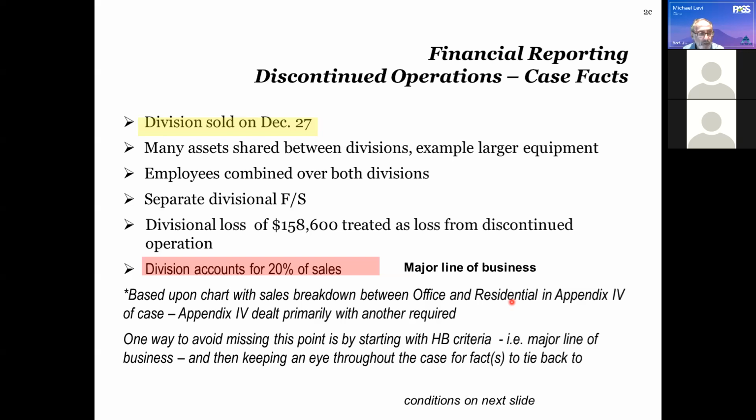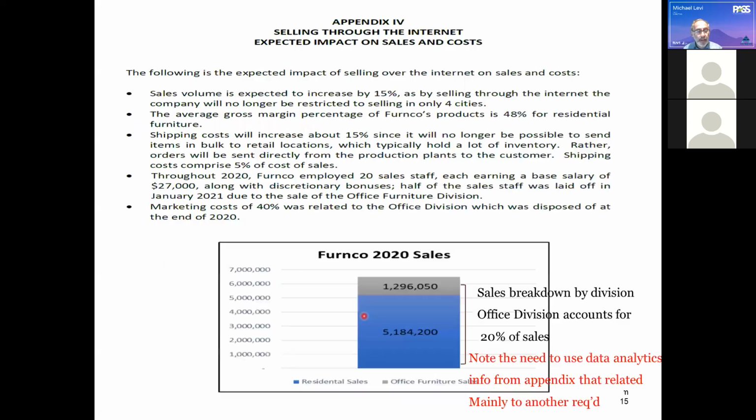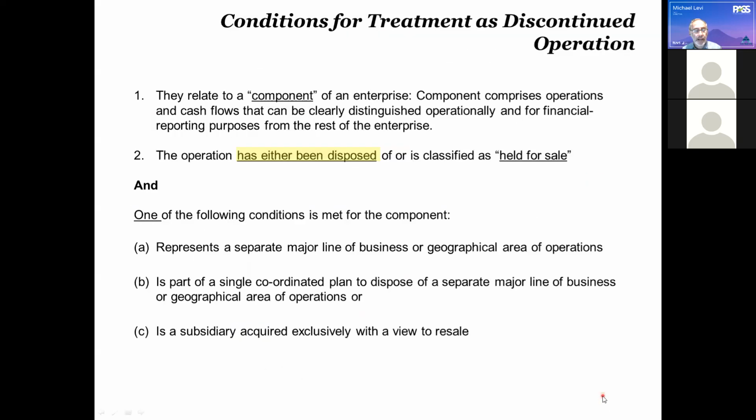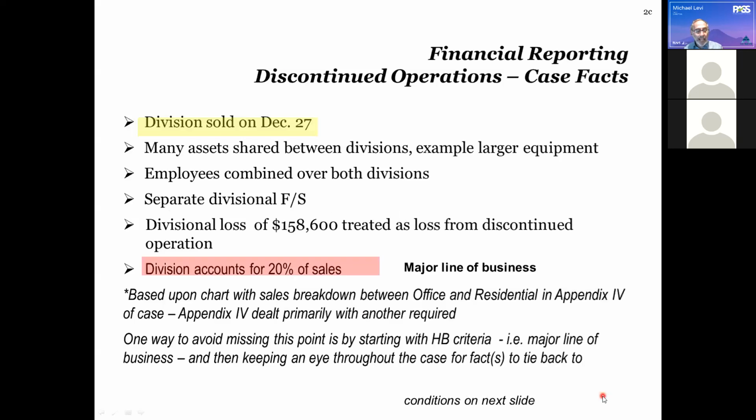Now, again, I just want to reiterate the point that I mentioned earlier. The way we would have picked this up was from the data analytics that we were given right here. Whenever they give you graphic information like this, this is considered data analytics. So I would have picked up this 20% from this appendix right here. And as I mentioned before, one way to avoid missing this point, even though it comes up in a different appendix from the rest of the information, is by working backwards.